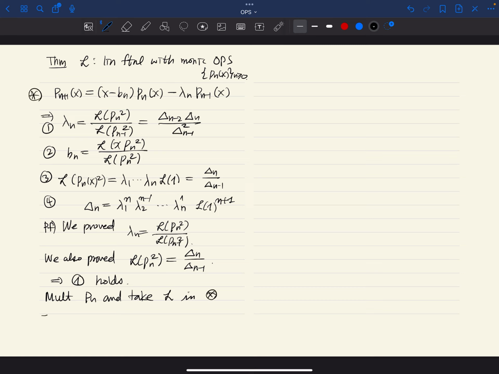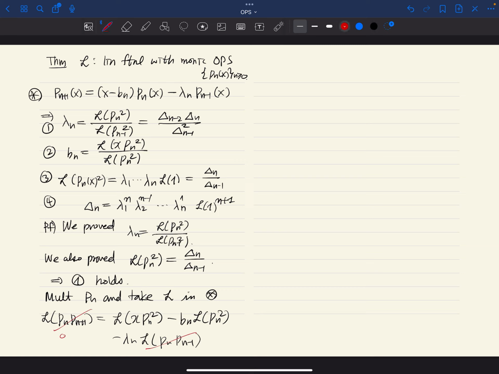Then what happens? L of x Pn squared equals L of Pn plus 1 Pn minus bn L of Pn squared minus lambda n L of Pn minus 1 Pn. But two of them are 0.